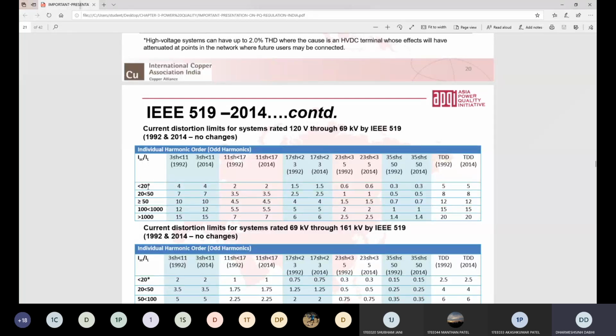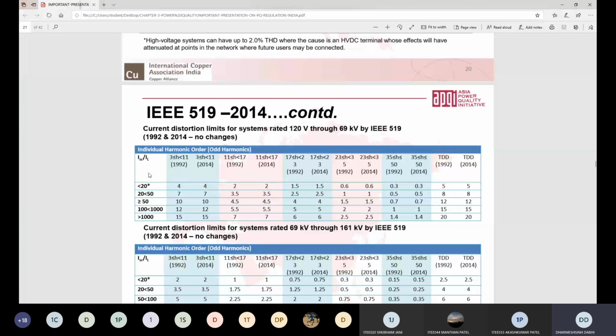If this ratio is less than 20, because of any fault or abnormal condition, then the value of harmonics between the 3rd to 11th, as per the 1992 IEEE 519 standard, is only 4%.